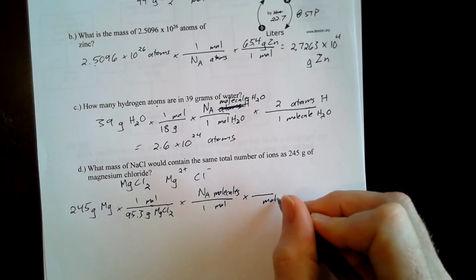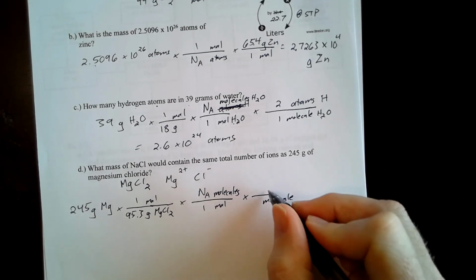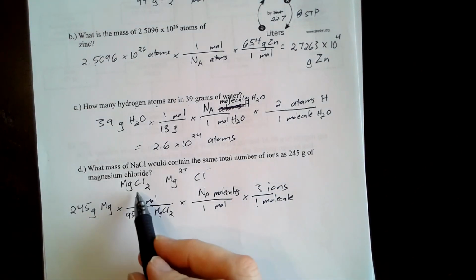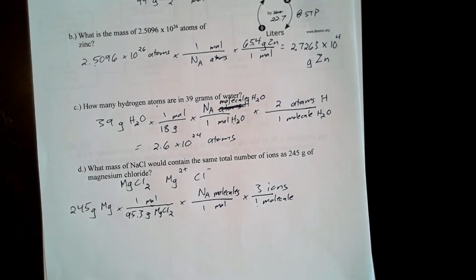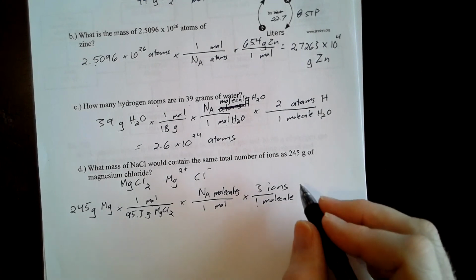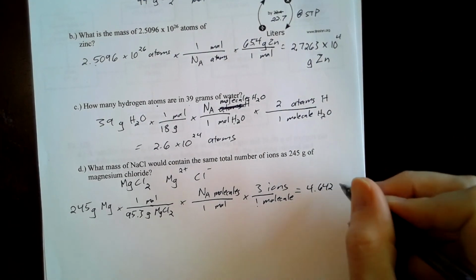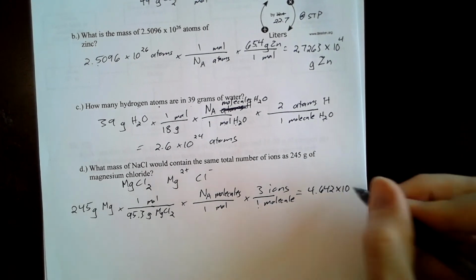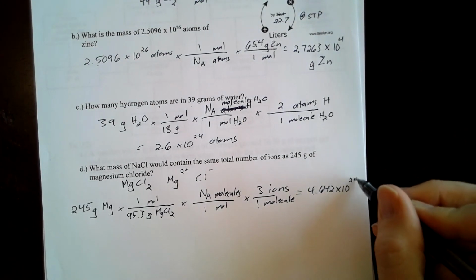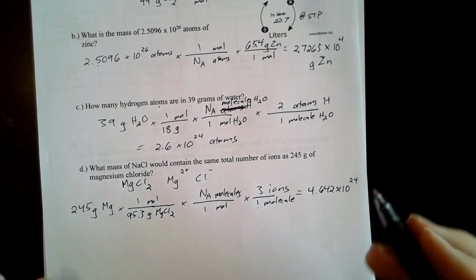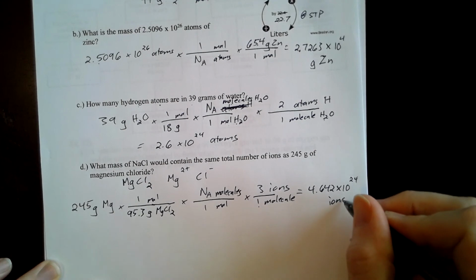And now for every molecule, there are 3 ions. For every one molecule, there are 3 ions because there's 1, 2, 3, right? Okay. Now that equals 4.642 times 10 to the 24th. Okay. So that is a lot of ions.